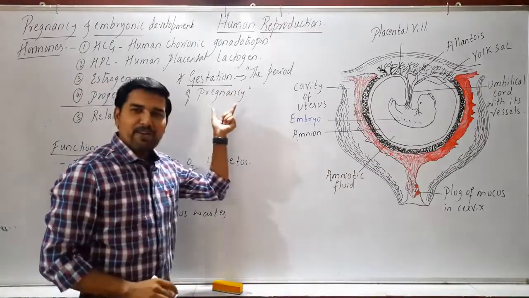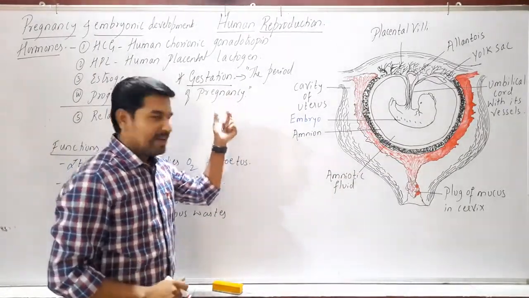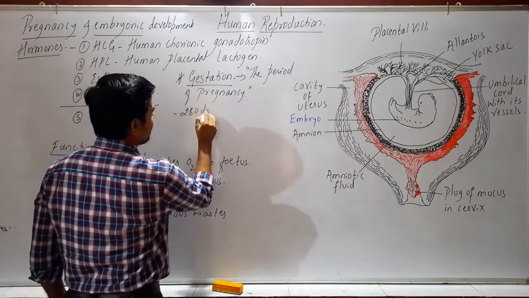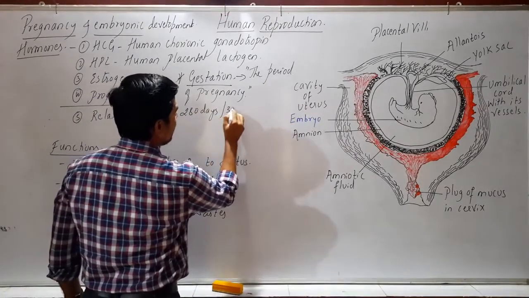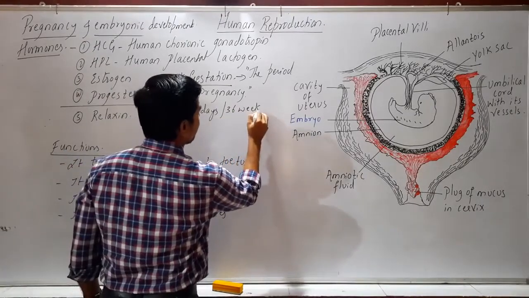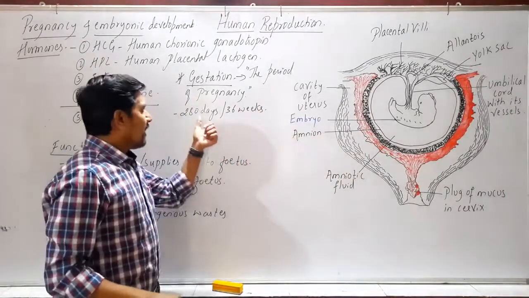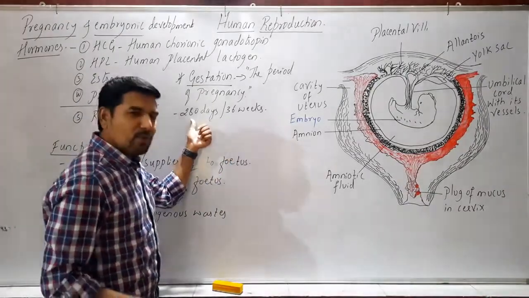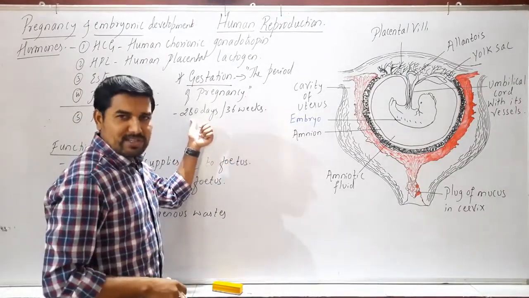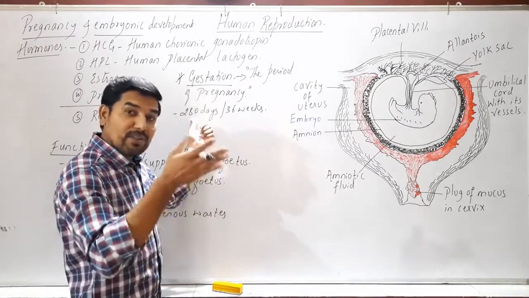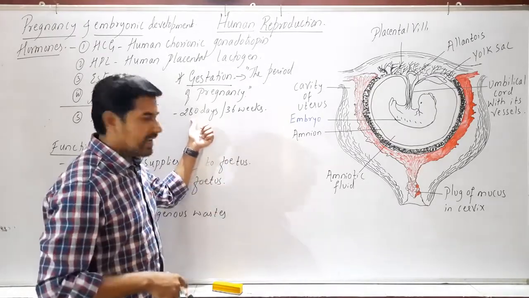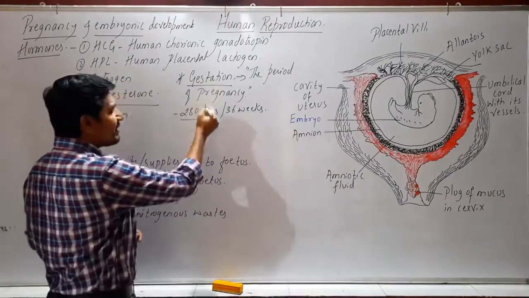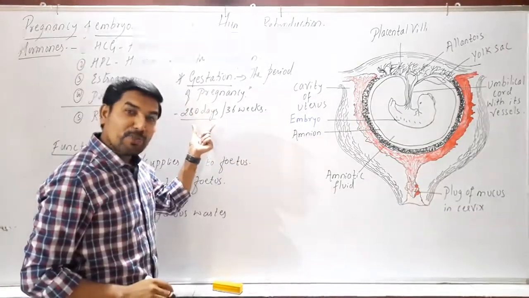So what is the period of pregnancy in human females? It is around 280 days or 40 weeks, and this is also considered as 266 days if we take it from the 14th day of the menstrual cycle. So 280 days or 40 weeks is the pregnancy period in humans.